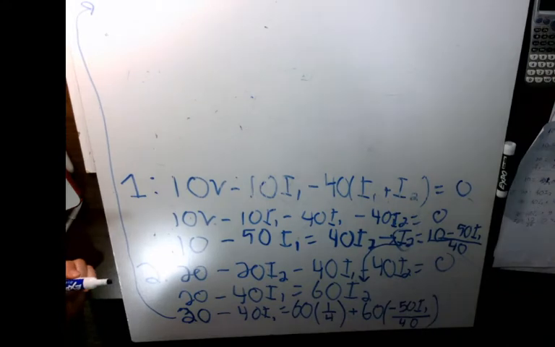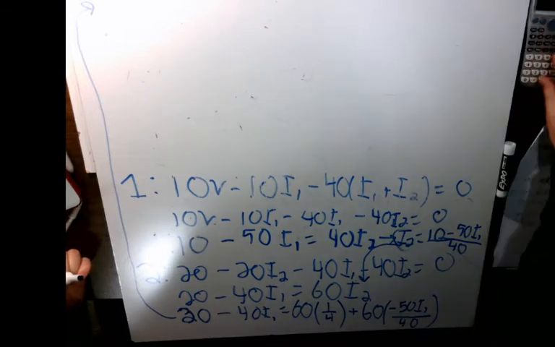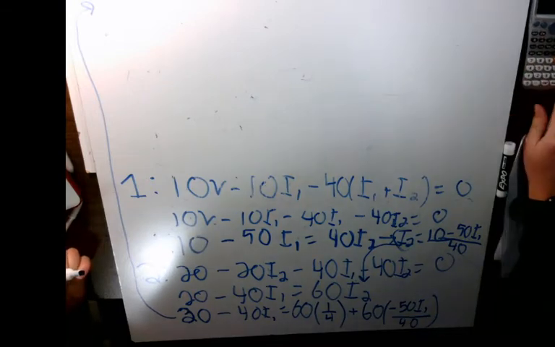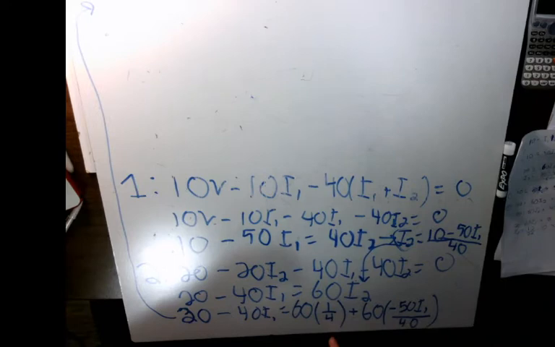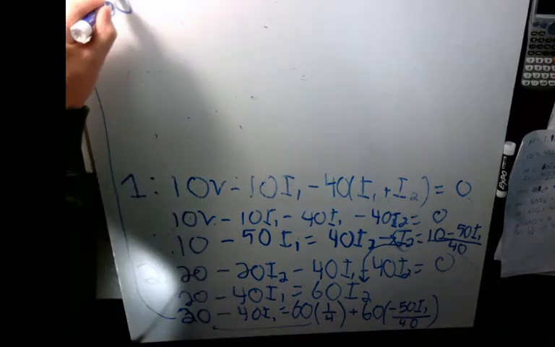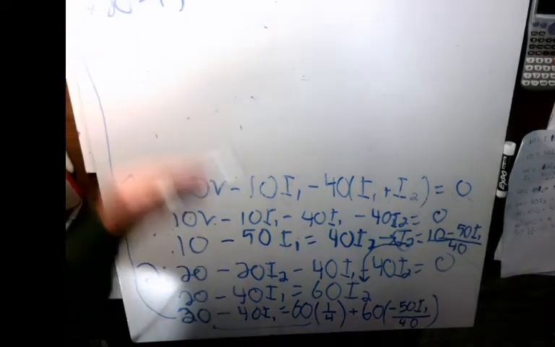And I'm going to combine my like terms. 60 divided by 4, 15. So this guy's equal to 15. And I'm going to bring it over to the other side. So I got 20 minus 15 from this term.